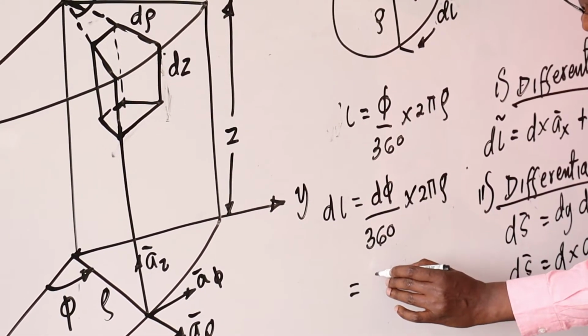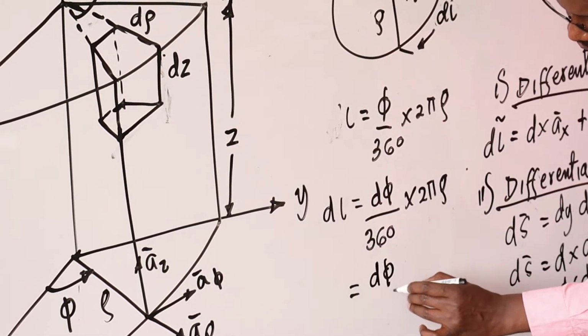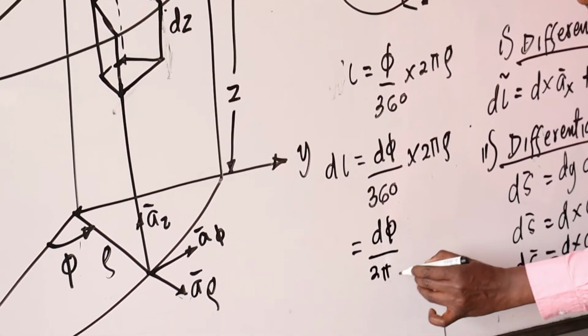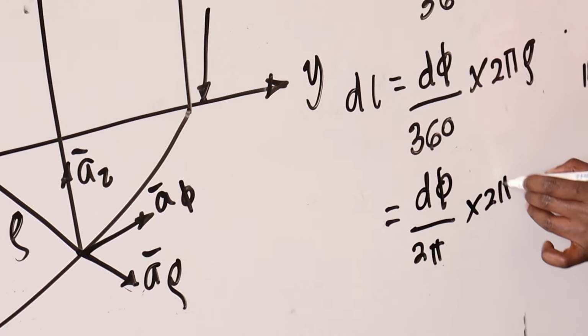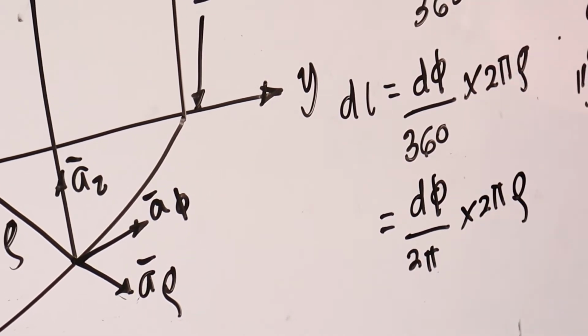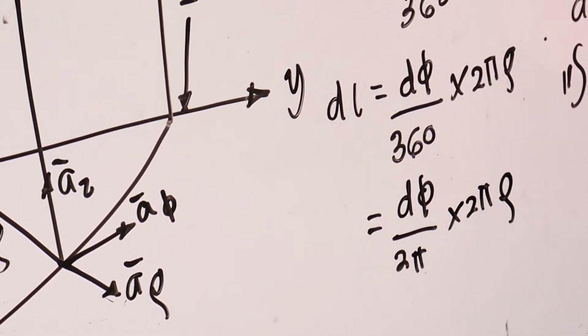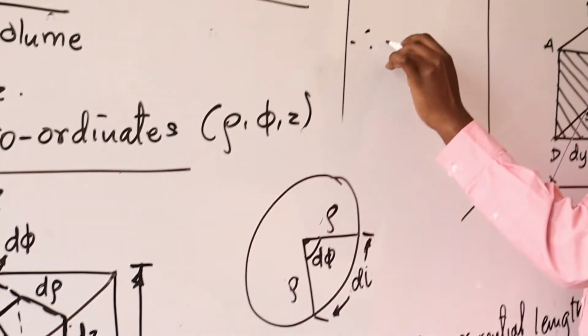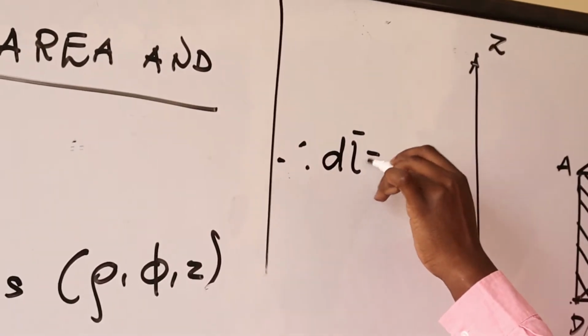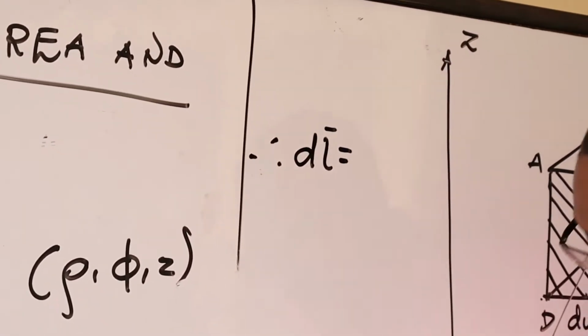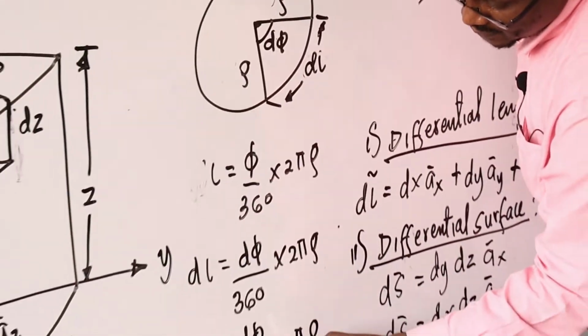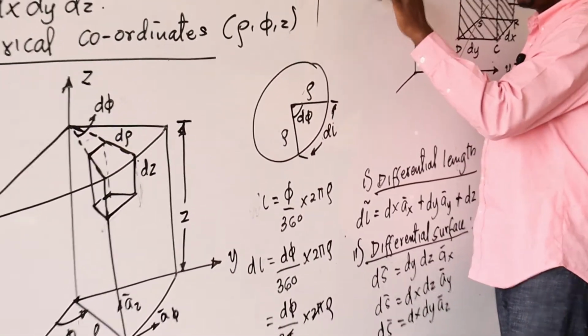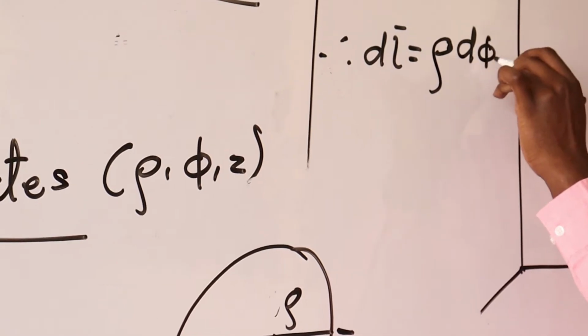This will be d phi all over 2 pi multiplied by 2 pi rho, such that my small length dl can be represented as, this value and this value will cancel, and I'll have it as rho d phi.